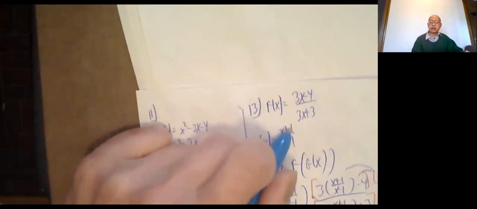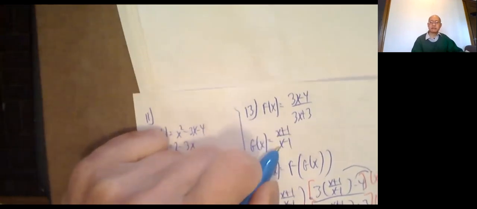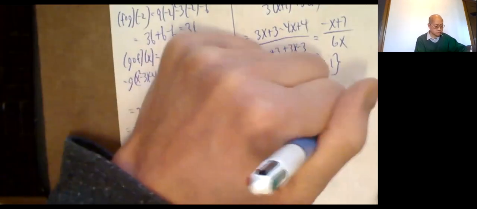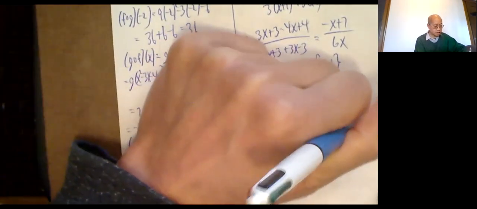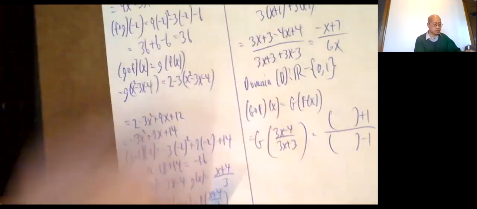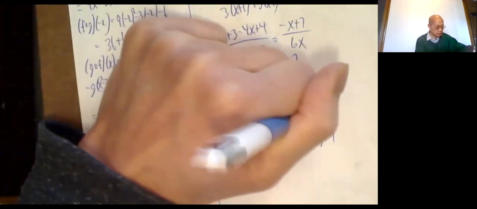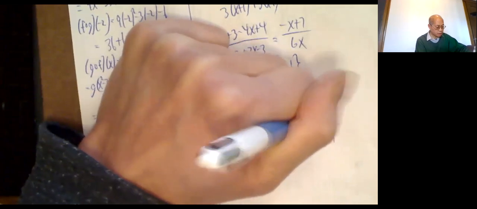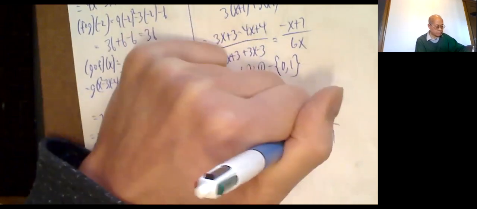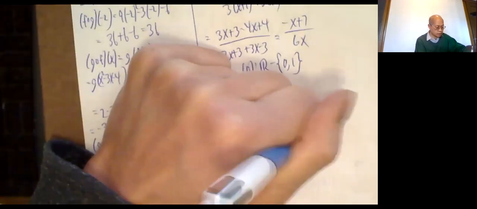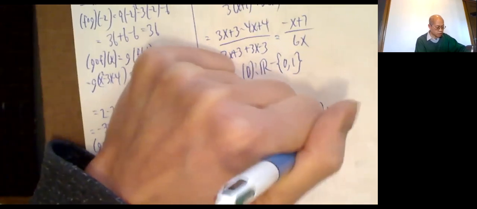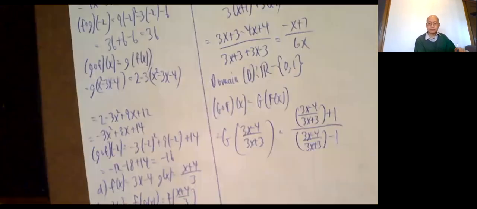So it's going to be mess plus 1 divided by mess minus 1. Mess plus 1, mess minus 1. And here's the mess. 3x minus 4, 3x plus 3.